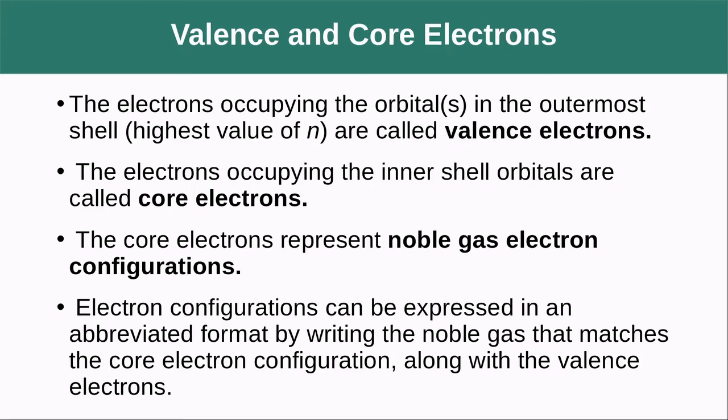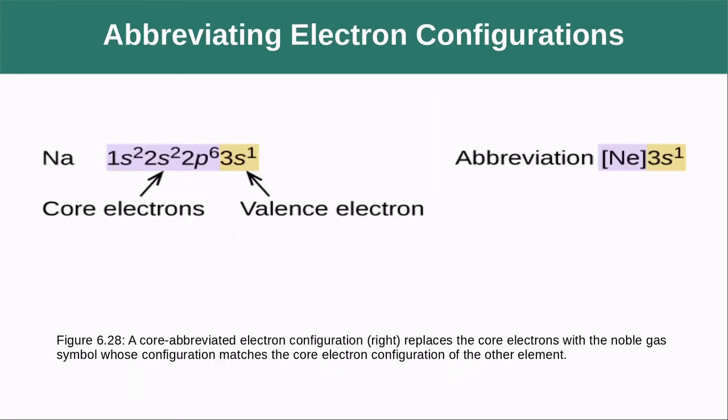And the electron configurations can be expressed in an abbreviated format by writing the noble gas that matches the core electron configuration along with the valence electron configuration. So let's see what they're talking about here. So this is the electron configuration for sodium here.